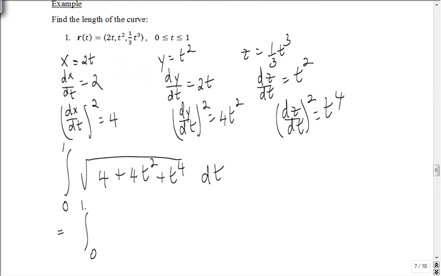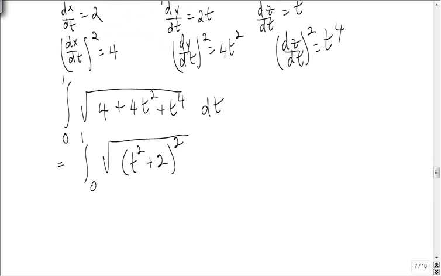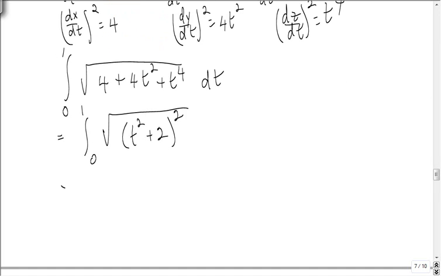What is that? Anybody can see what it is? It's what squared? T squared plus 2. Beautiful. And so this is the integral from 0 to 1. Oh, I forgot my dt here.